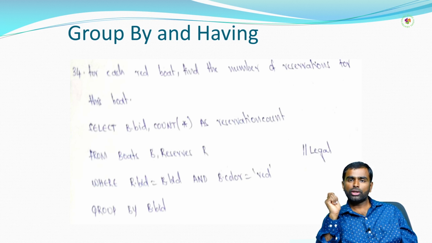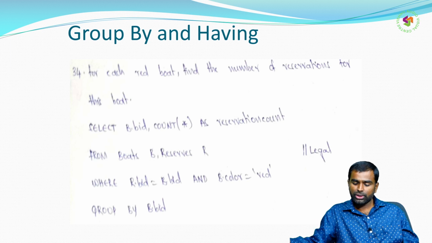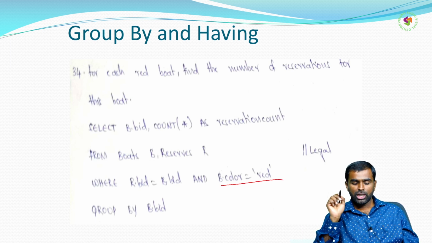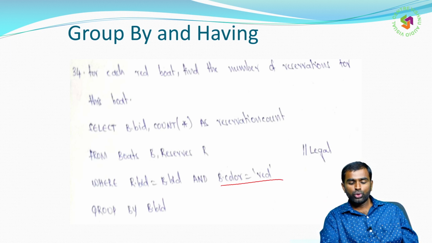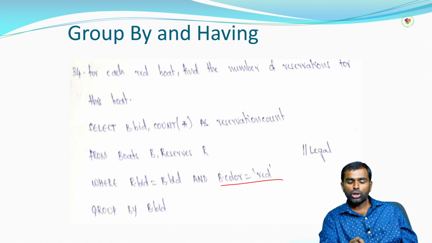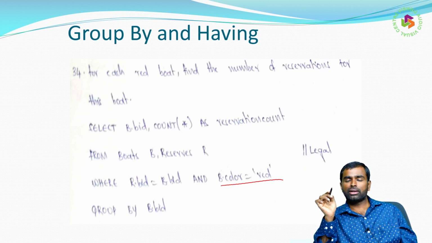For each red boat means the color you have to give. For each record the condition is needed, so you give it in the where portion: B.color equal to red. From which tables is the data needed? Red boat means boat color. In the boat table you have BID, B name, B color.